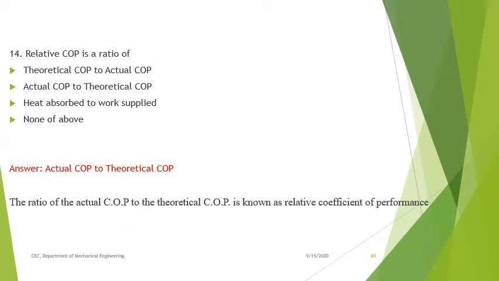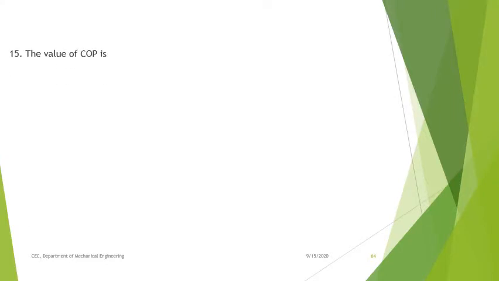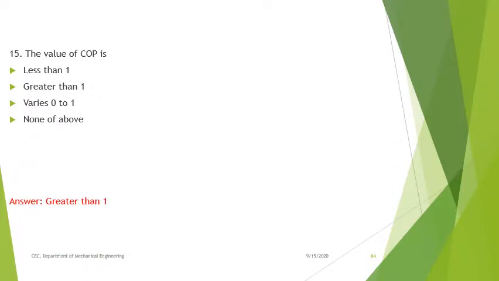The ratio of actual COP to theoretical COP is known as relative coefficient of performance. The value of COP is: less than 1, greater than 1, varies 0 to 1, or none of the above. The answer is greater than 1.